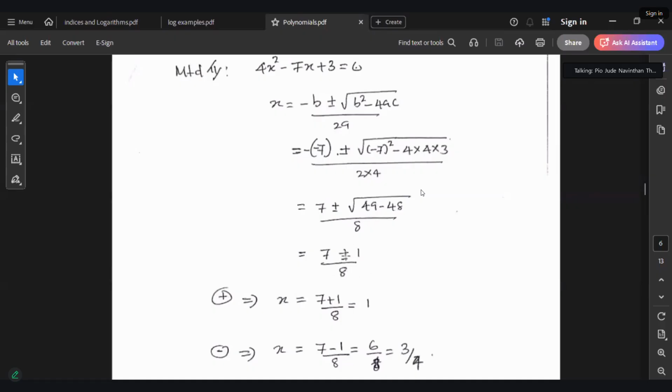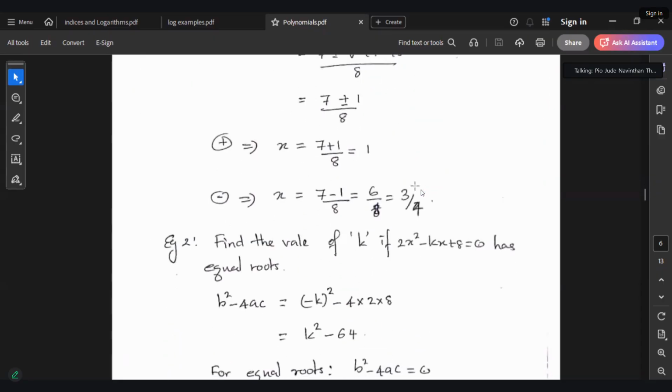Now we need to consider the plus answer and the minus answer. If we consider plus, 7 plus 1 is 8, 8 over 8 is 1. So x is equal to 1 is one answer. The second answer is 7 minus 1, that is 6, 6 over 8 is 3 by 4. This is the other one.